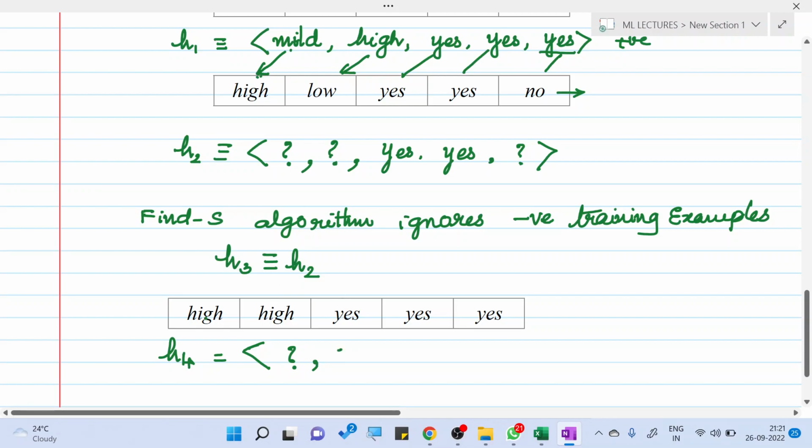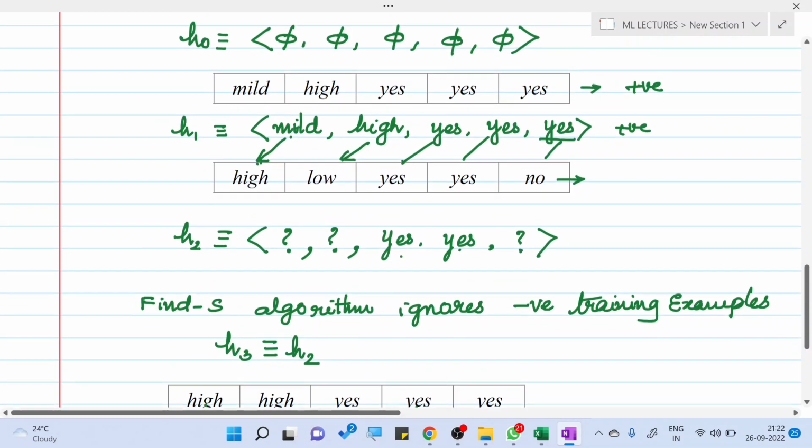Question mark is more general, so I will take question mark because it will satisfy all the values. Then yes, and here it is yes. Then taste loss, yes, and here it is yes. Then sore throat, question mark, that means it can accept any value.